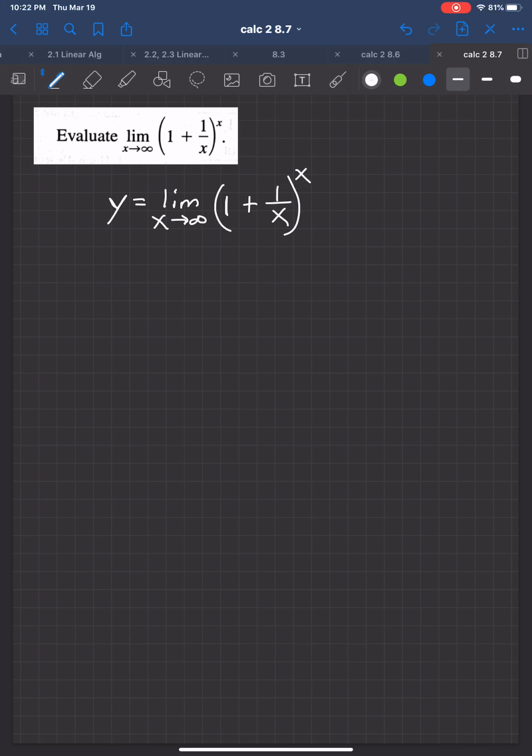All right, now I've rewritten the problem, and you should pause the video for a second and consider what your options are. What could you do? Because you remember, the goal is, can you get it into some type of indeterminate form where you can use L'Hopital's rule?